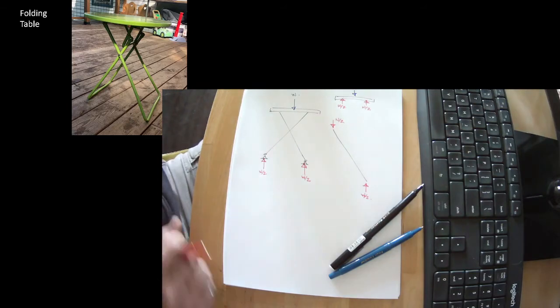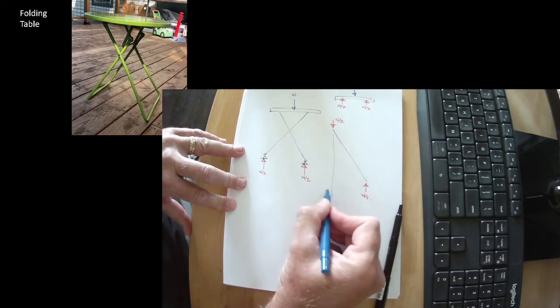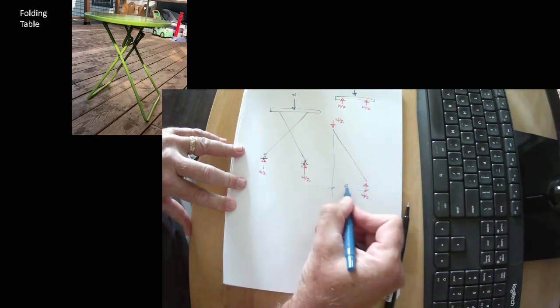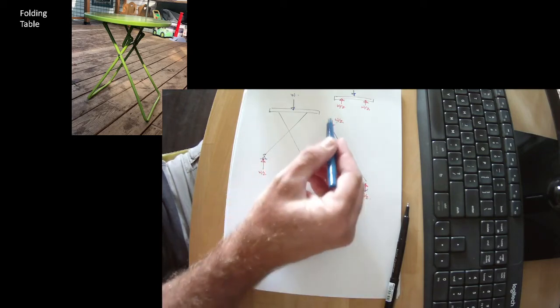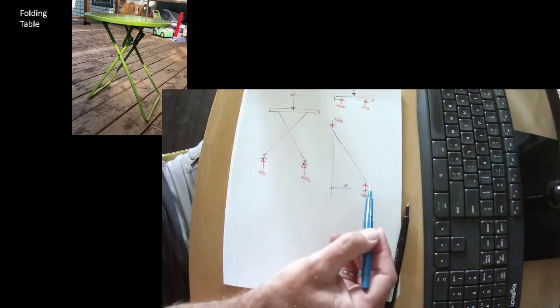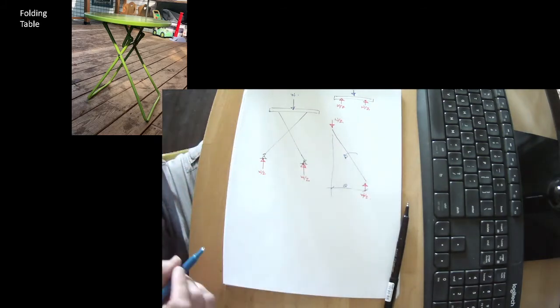So we've got a leg sitting there. And we have a force coming in here, force coming in there. They're eccentric. The leg wants to rotate that way.